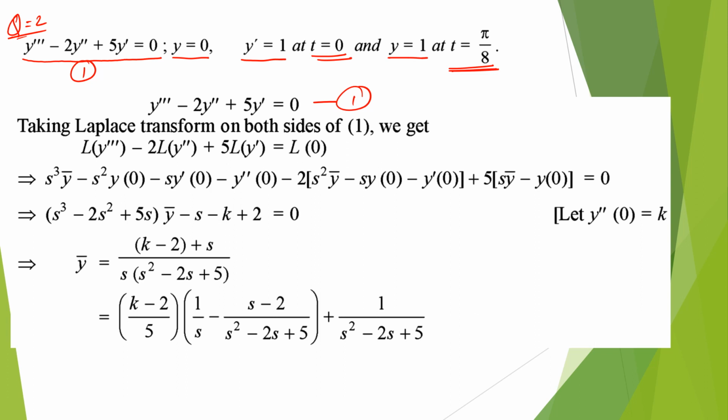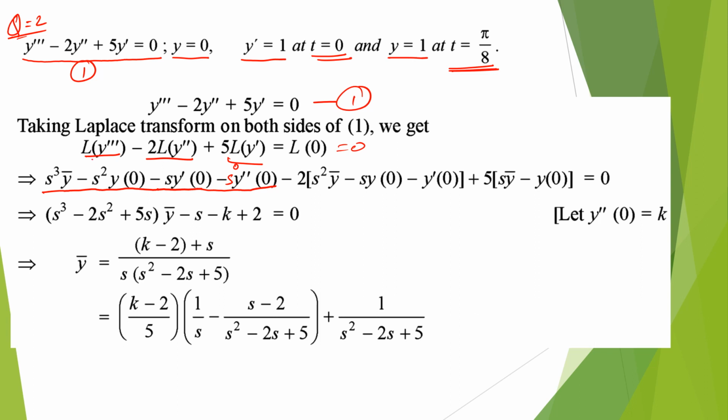So Laplace of y triple dash minus 2 Laplace of y double dash plus 5 Laplace of y dash is equal to 0. Now according to the previous formula, s cube Laplace of y minus s square y 0 minus s y dash 0 minus s to the power 0 y double dash 0.